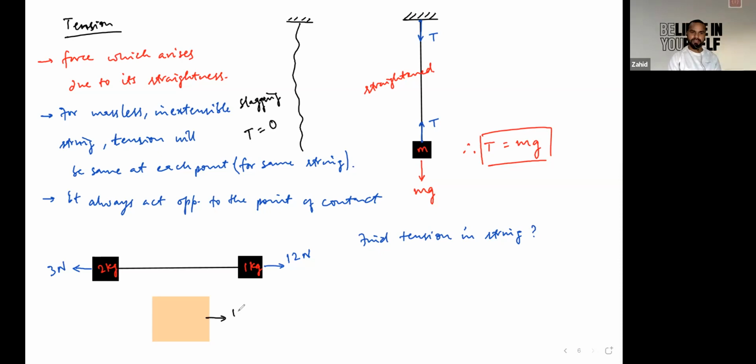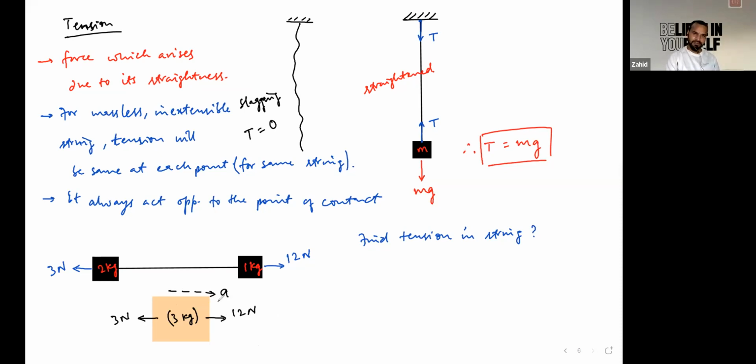A force of 12 Newton along the right side and a force of 3 Newton on the left side. 2 plus 1, it would have a total of 3 kg mass. Since this force is going along the right side and is larger in magnitude, the acceleration of the system must be along this direction. So using this, just apply the second law, you would find acceleration.